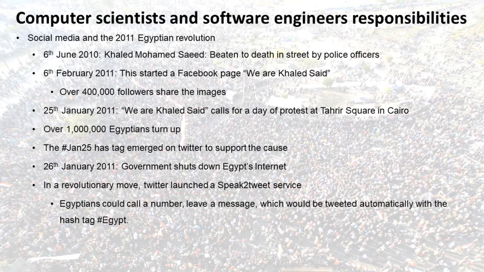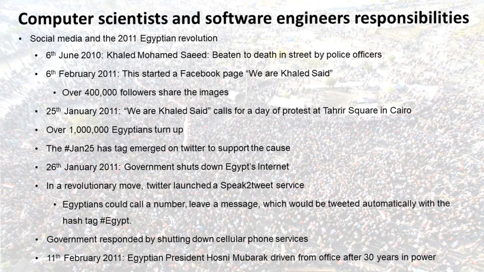People also started calling friends outside of Egypt to place tweets and other social media posts on their behalf. In response to this, the government shut down the cellular phone service across the country. But the move was already well underway, and by the 11th of February 2011, Egyptian President Hosni Mubarak was driven from office after 30 years in power.